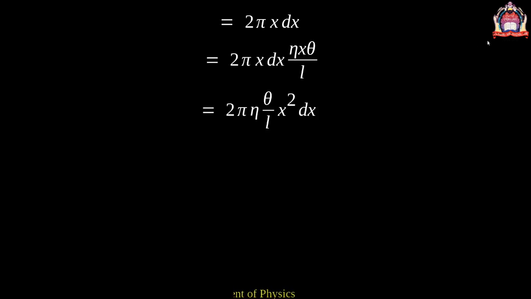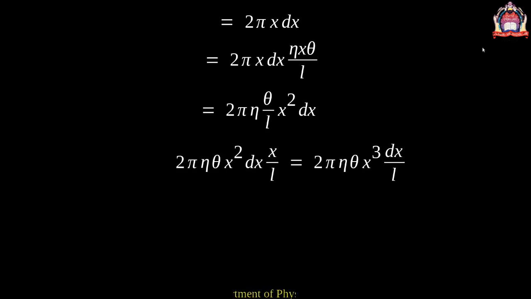Then the moment of this force about the axis OO dash of the cylinder is 2 pi n theta x square dx times x by L, which is equal to 2 pi n theta x cube dx by L. So integrate this expression between limits x equal to 0 and x equal to r.